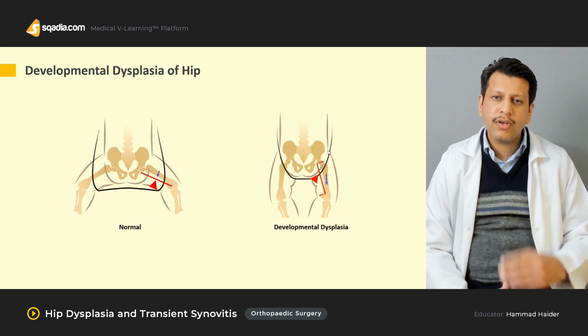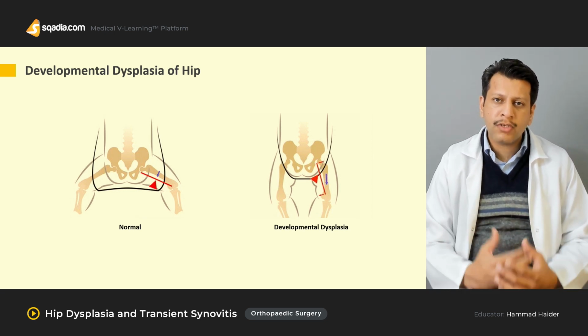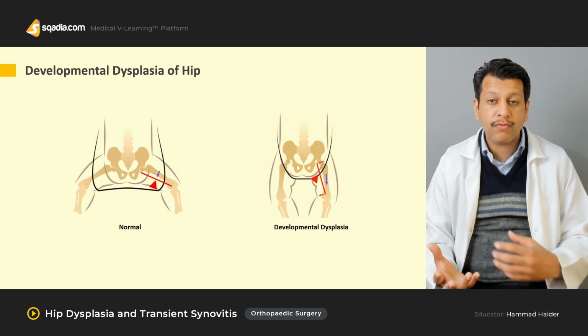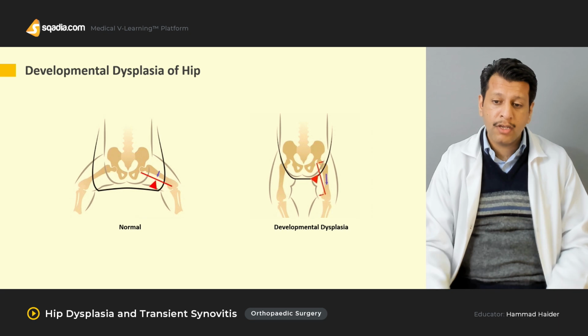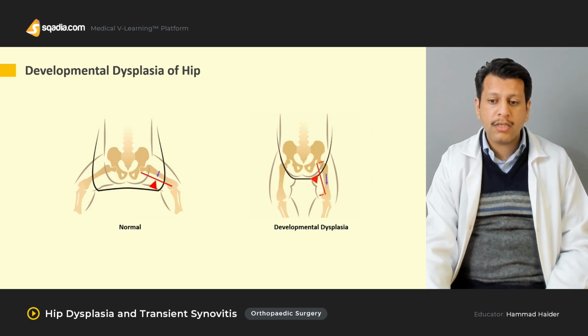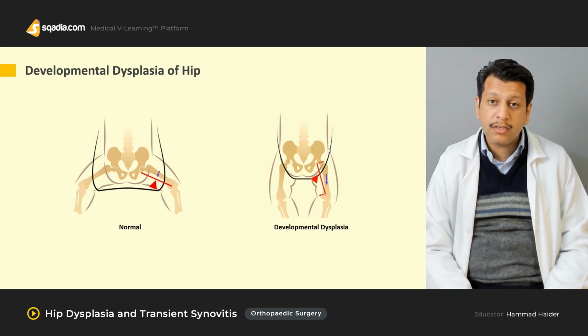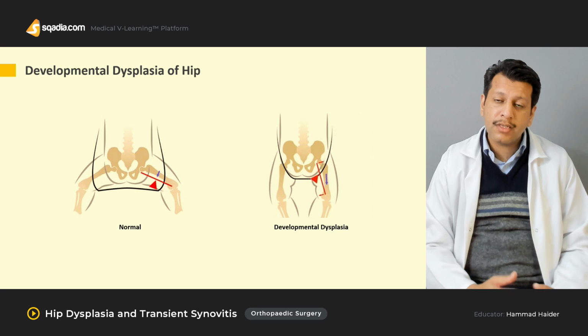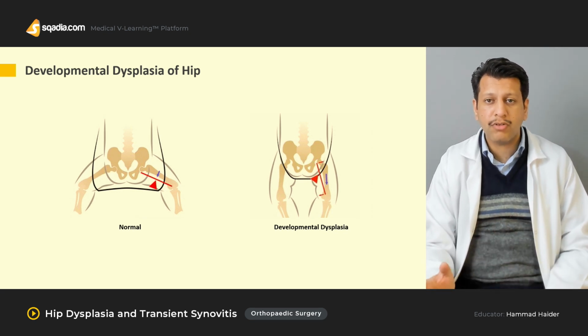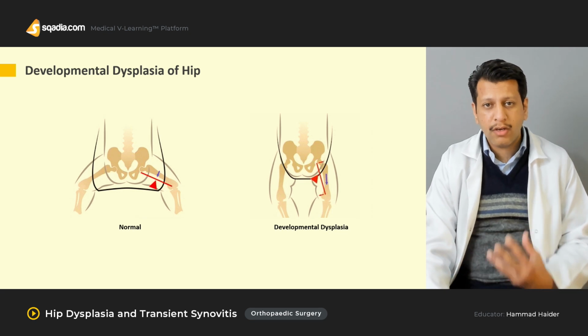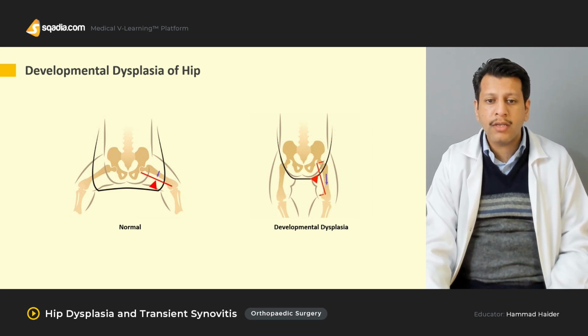And eventually when you see an x-ray of a child of, let's say, 3 or 4 years with a dysplastic acetabulum left untreated, you will be amazed to see that the femoral head would be right over here, around the level of the iliac wing. Sometimes they migrate so high up, and there is a definitive grading for how much of the head has migrated out and above at the level of the iliac wing.